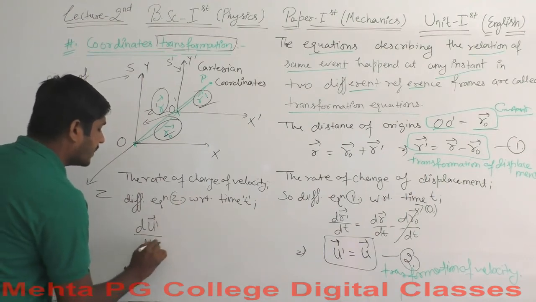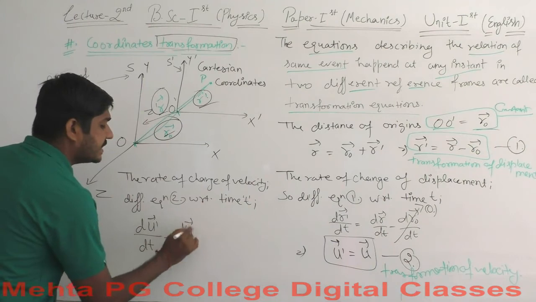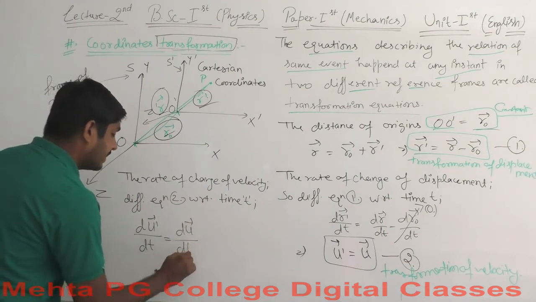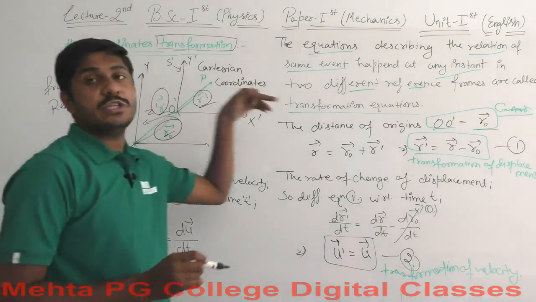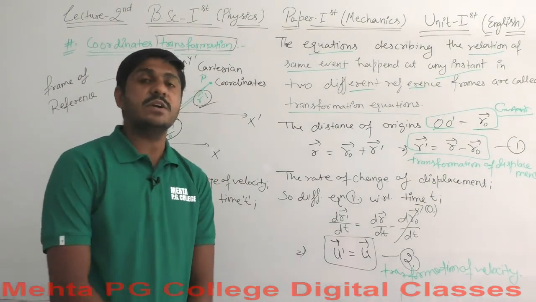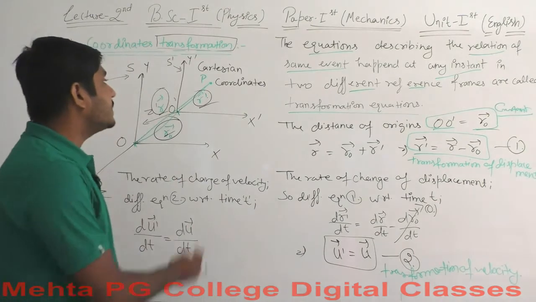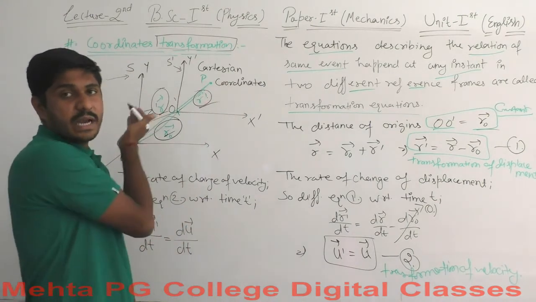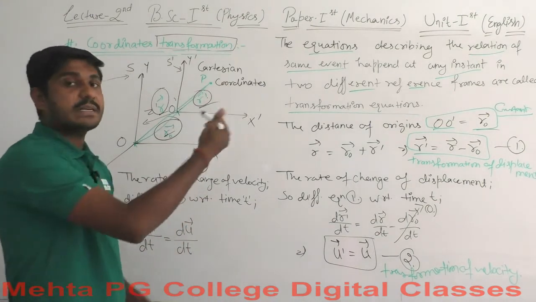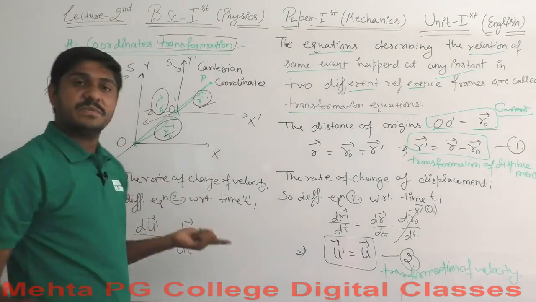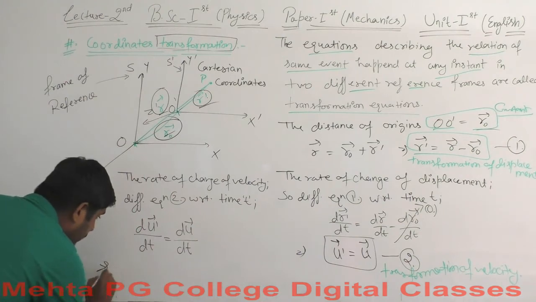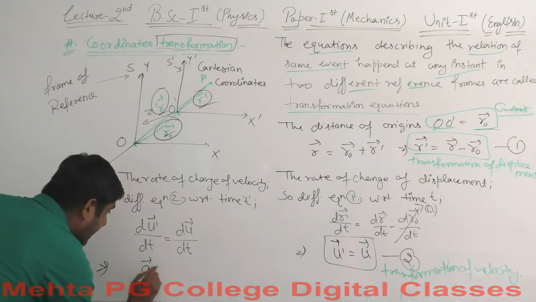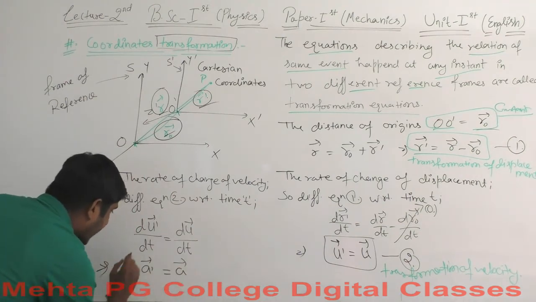So what will it be? du dash over dt is equal to du over dt, and you know that all these positions should not be constant, because point P could be anywhere, it can move either in this side or in that side, but the distance between all these frames remains constant, so velocity should not be constant here. So this will be equal to a dash is equal to a.